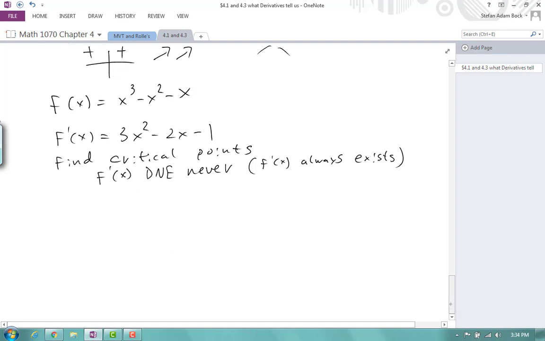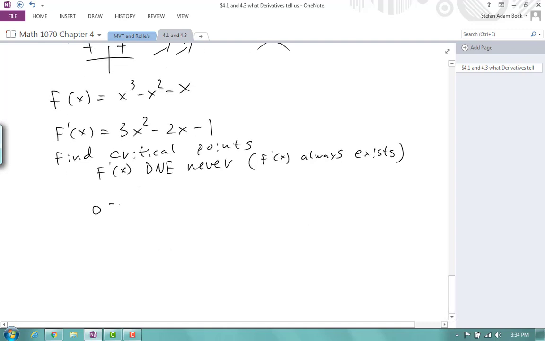When I set it equal to 0, I'll have 0 equals 3x squared minus 2x minus 1, and I should try to factor that. So I'll have a 3x here and a 1x here, a positive 1 and a negative 1. If I put a negative 1 here and a positive here, we'll have a factored version.